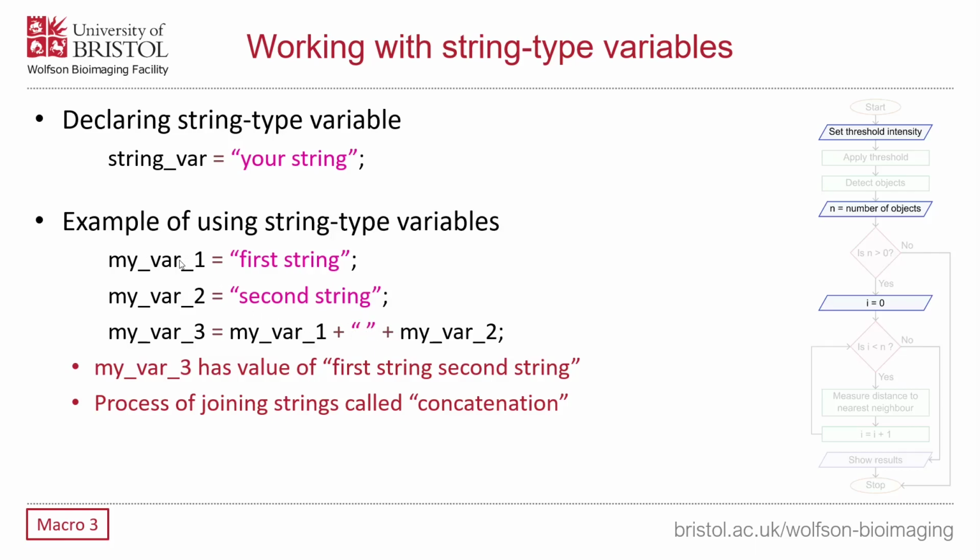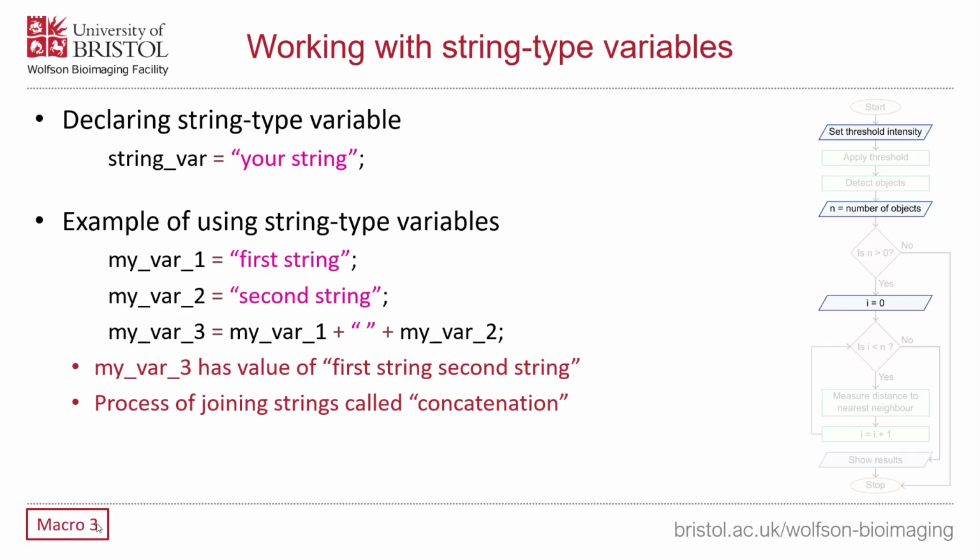So in this case, we're going to assign a new variable, which is the concatenation or the combination of first string, a single white space character, and the second string that's assigned to myvar2. And all being well, myvar3 should then be assigned the value which is those two with the white space in between them. So it should just say first string, second string.